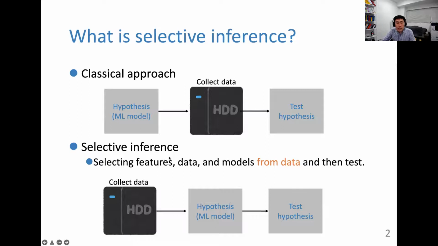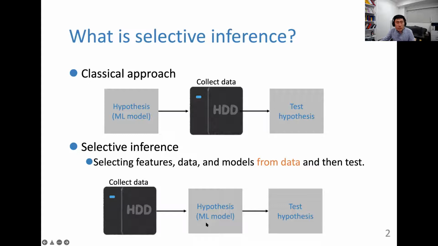For example, we have data and we select features from the data, or we select some data sets among the entire data set, or we build models from the data and then test. In this case there's a problem, because we build a hypothesis based on the data set.